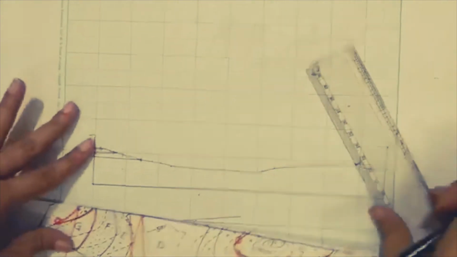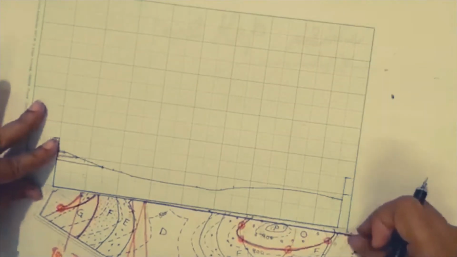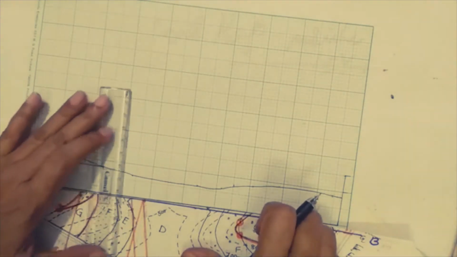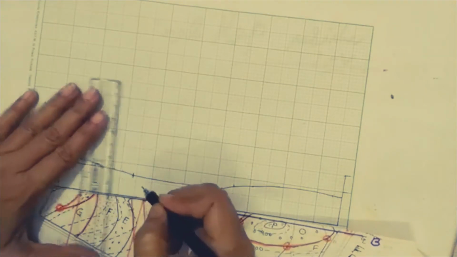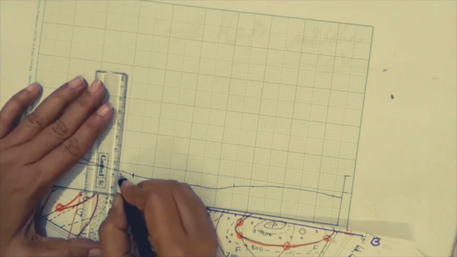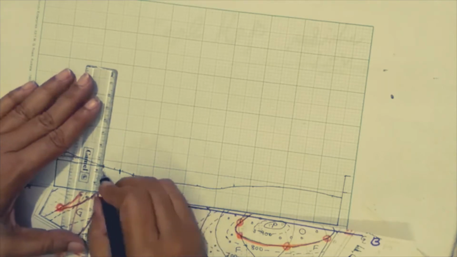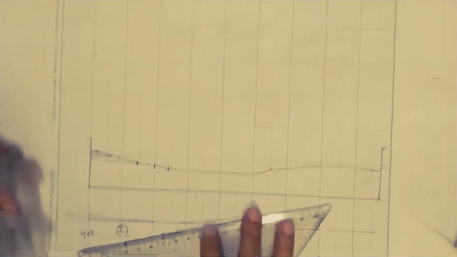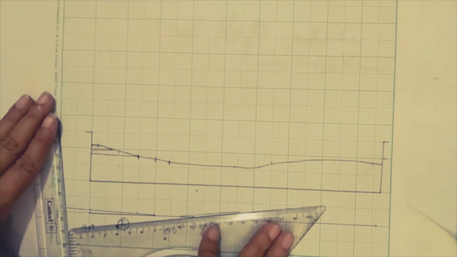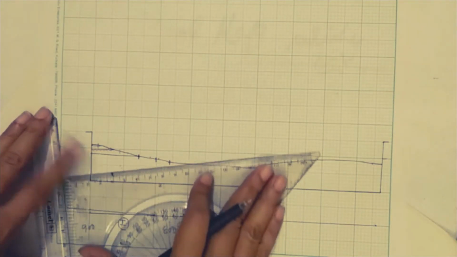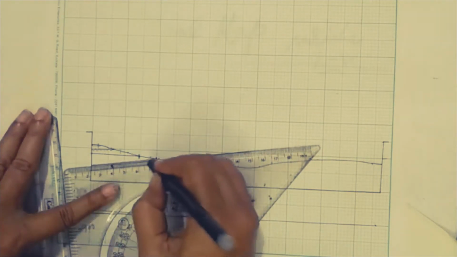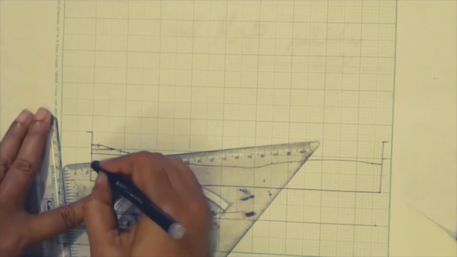With the help of the geological map, we have to identify the locational point of the beds with the help of the scale. This is the upper boundary of E bed, this is the upper boundary of G bed. Just plot these three with the help of two set squares or a scalar set square. This is one bed, this is another bed, and this is the third bed.